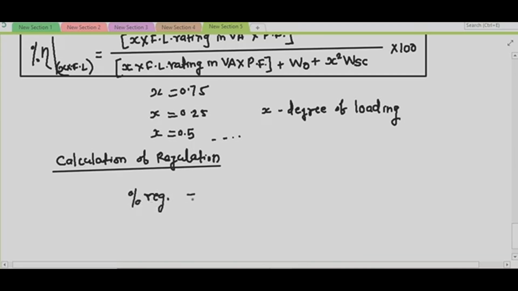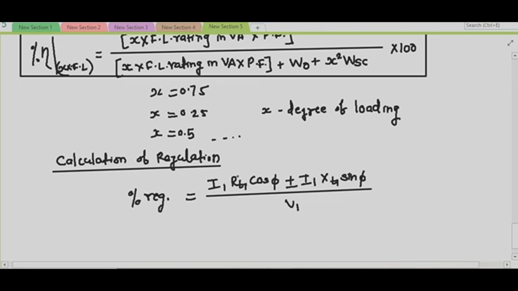Percentage regulation equals I1 RT1 cos phi plus or minus I1 XT1 sin phi divided by V1. What is V1? Rated voltage of the primary. What is I1? Rated full load current of the primary.